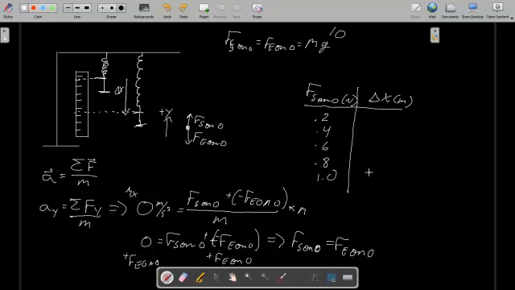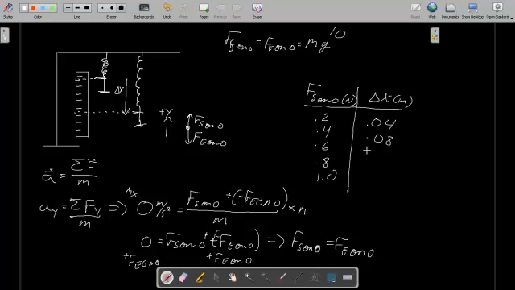And let's say your delta x data needs to be in meters, so we're going to do it in centimeters. So let's say this one was 0.04, this one is 0.08, so that's 8 centimeters.